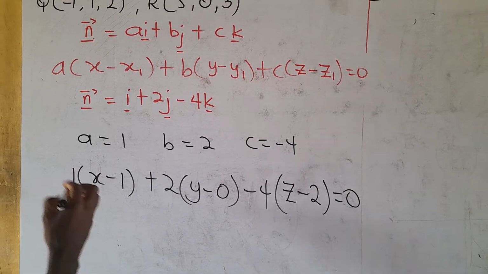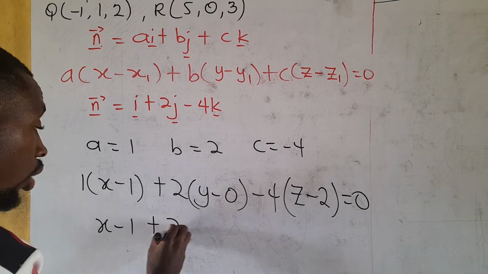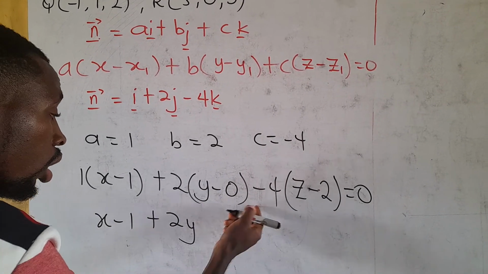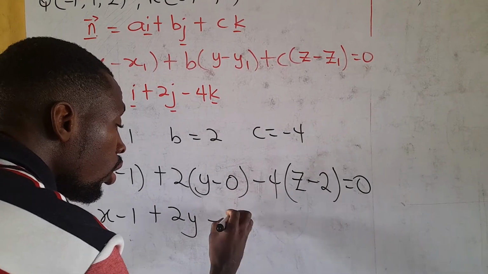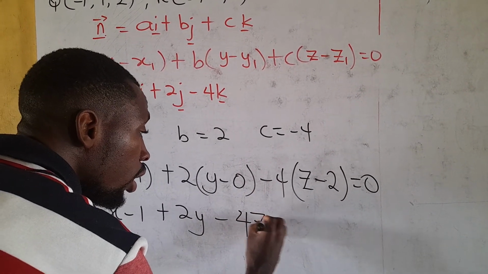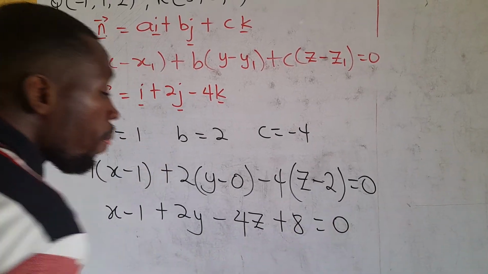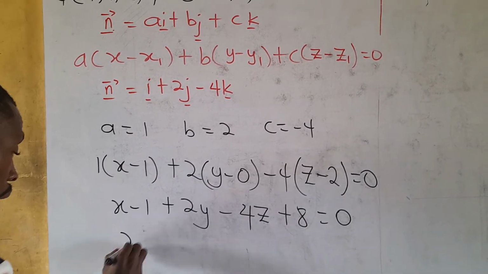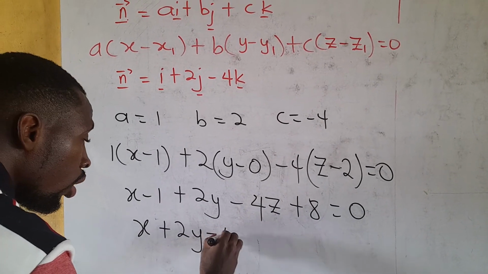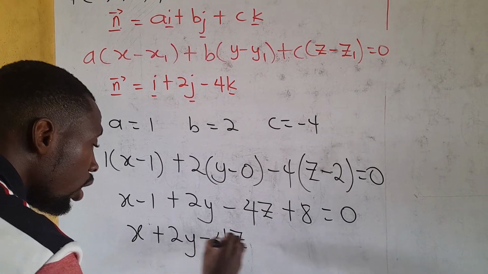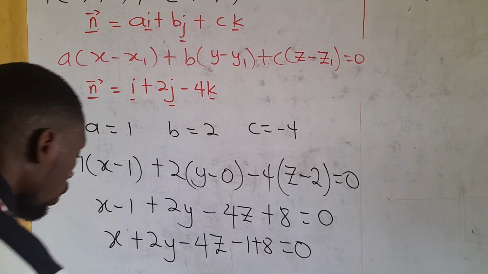So when we expand, we get x minus 1 plus 2y, this will be 0, so minus 4z, then plus 8, equal to 0. So on grouping like that, we get x plus 2y minus 4z minus 1 plus 8 equal to 0.